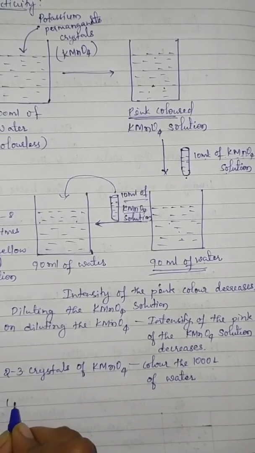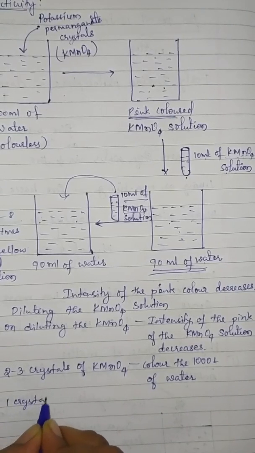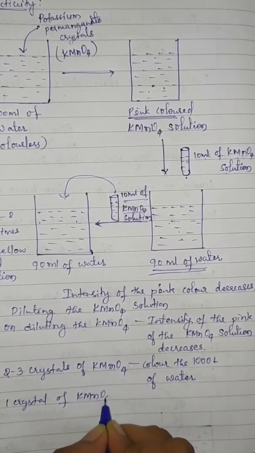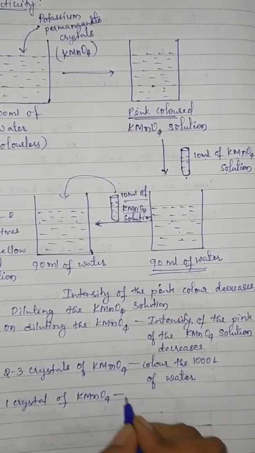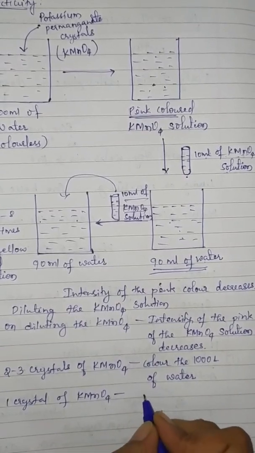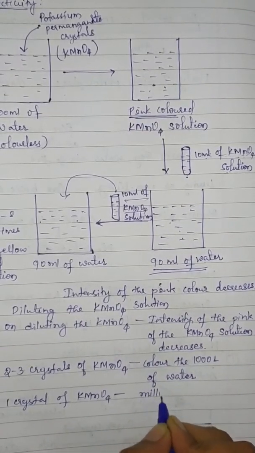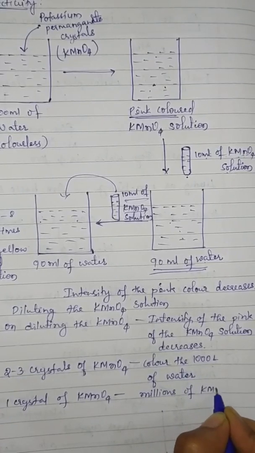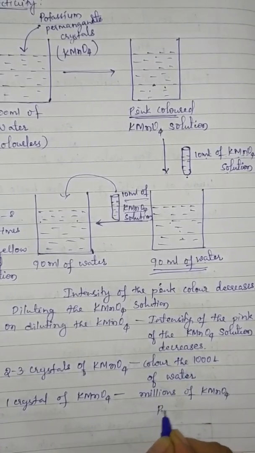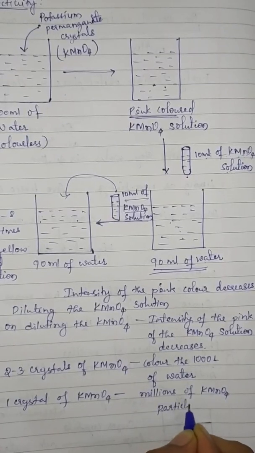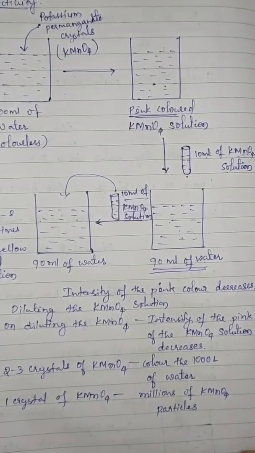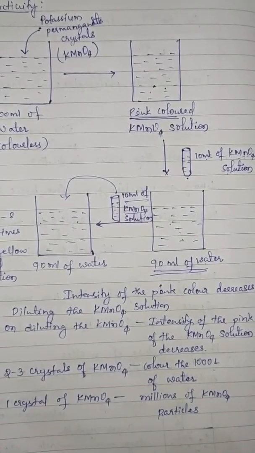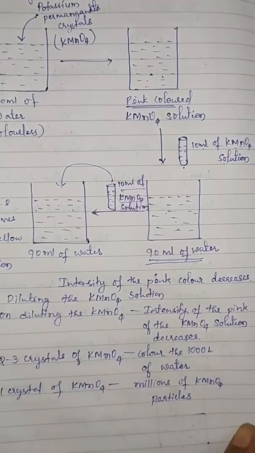So one crystal of KMnO4 is made up of millions of KMnO4 particles. Okay, here from this activity we can conclude the size of the particles.